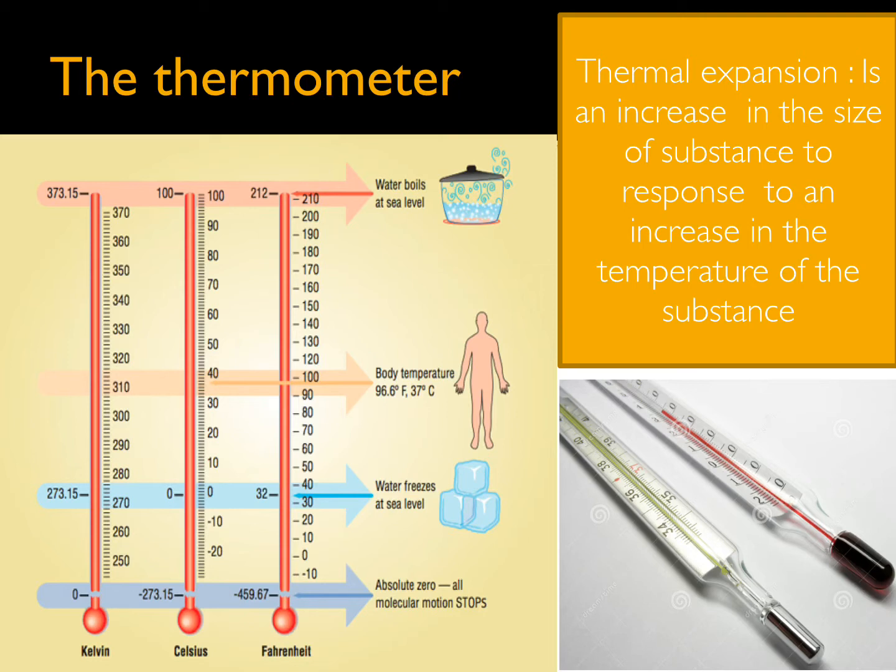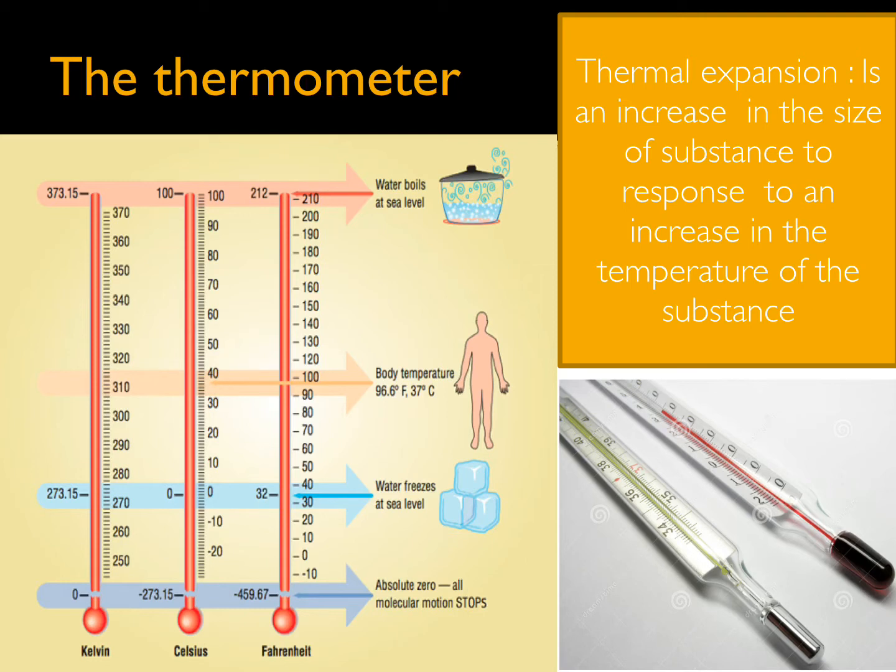I don't know if you have seen a thermometer before, but whenever you stick a thermometer in, let's say, a really hot pot of tea, if you carefully observe the substance in that thermometer, you will see how it actually rises. So why would this happen?